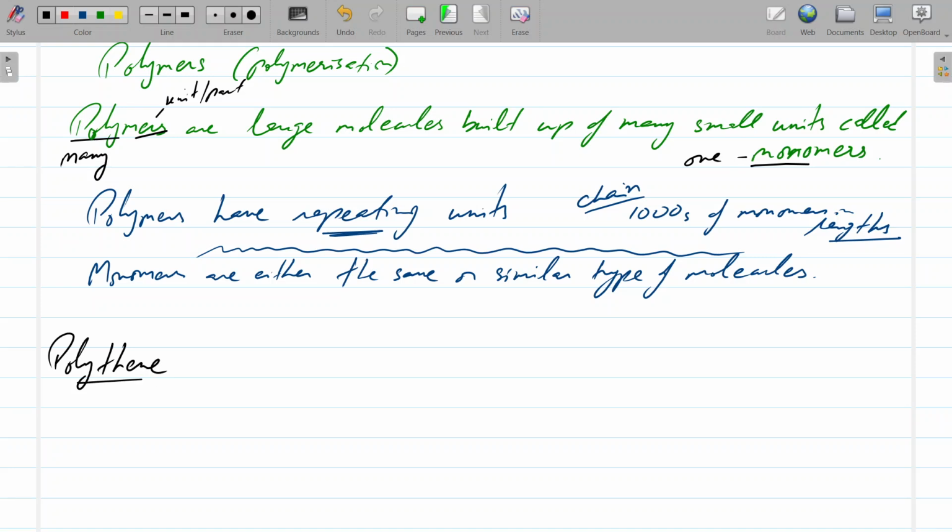Which molecule do you think is the monomer? Polythene is the name of a polymer. What molecule do you think might be the monomer for polythene? To be frank, no idea.